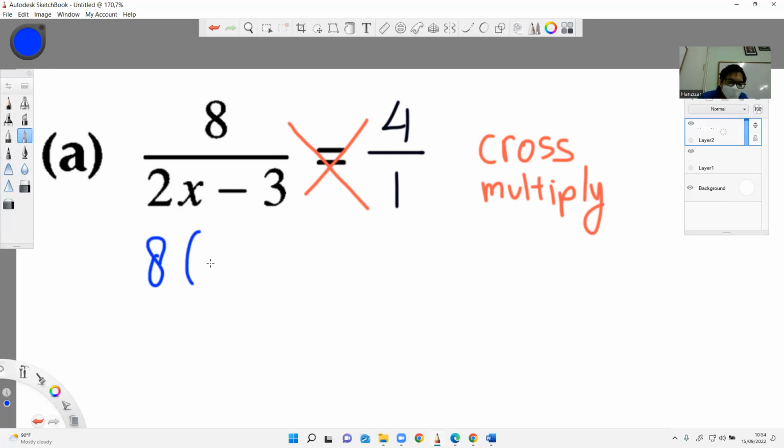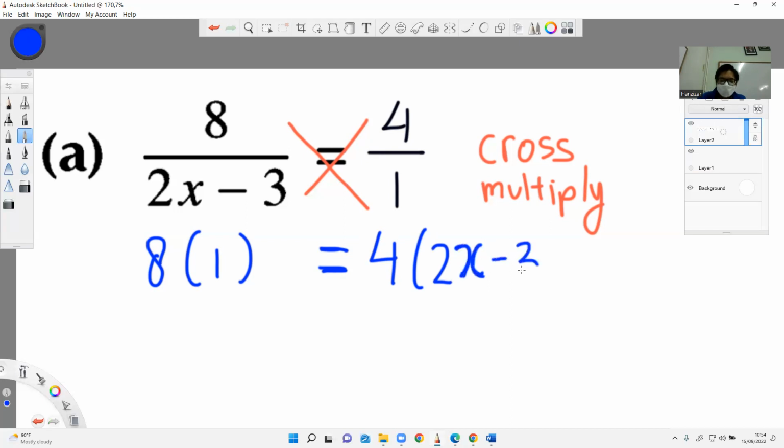8 times 1 equal 4 times 2x minus 3. Look at this. 8 times 1, the first cross, equal to the second cross. Understand guys?